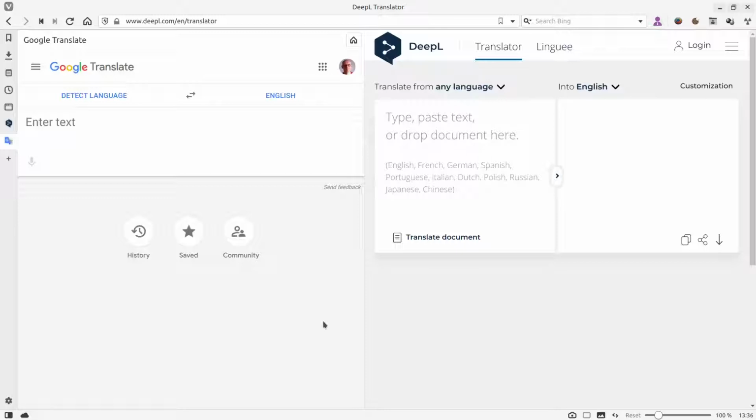However, if you're working on translations, it's a good idea to keep trying both tools to see what the differences are, what are the shortcomings and the advantages of each one. At this point, it seems that in most areas, DeepL does a slightly better job.